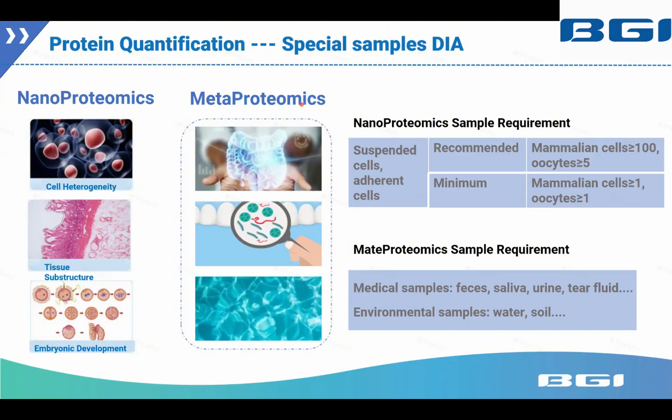Besides the special case of meta samples, we also face difficulties in some sample collection, and we also meet limited sample volume during actual sample collection. So if you have micro samples, don't worry. We have also developed a special detection protocol for micro protein samples. It can support the detection of as few as 1 to 100 cells.